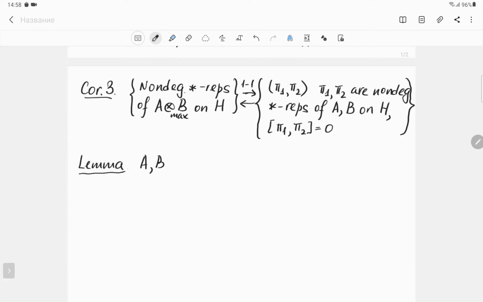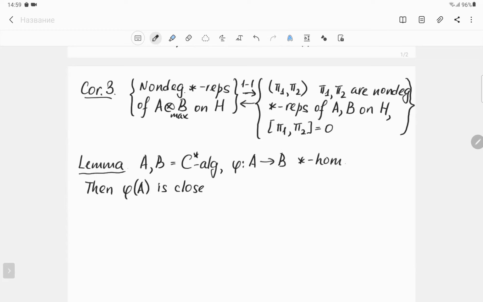Suppose that A and B are C-star algebras, and suppose that phi is a star homomorphism from A to B. I claim that the image of phi, phi(A), is always closed in B, and moreover, the norm of phi equals 1, except for the trivial case where phi is 0.